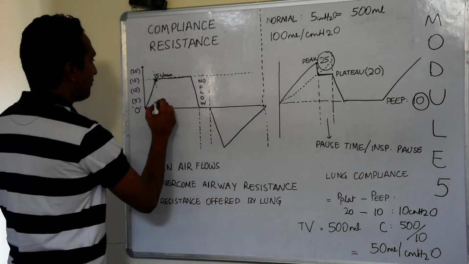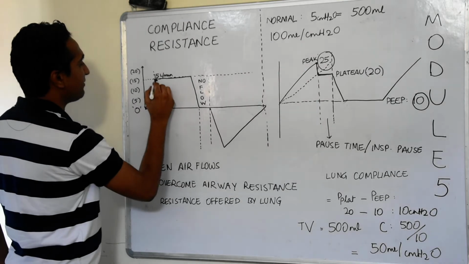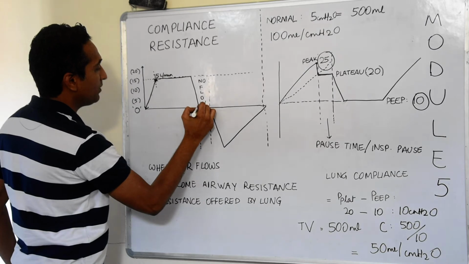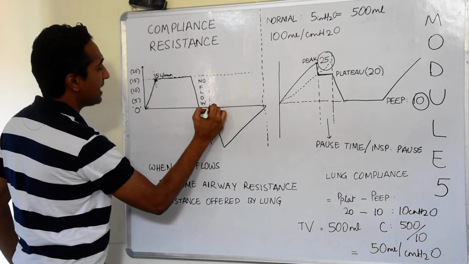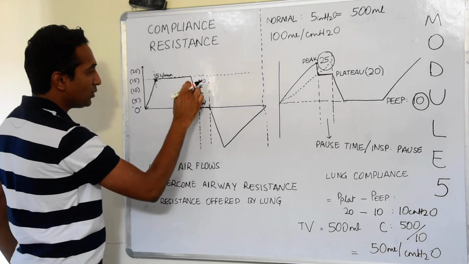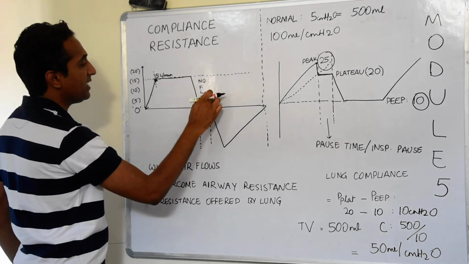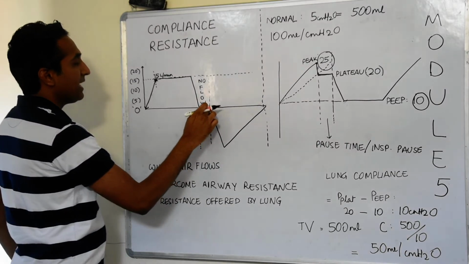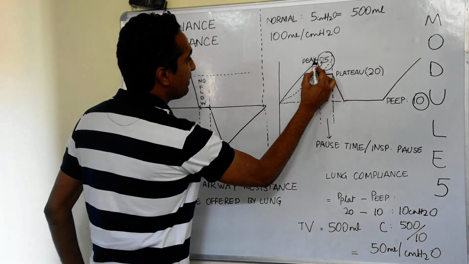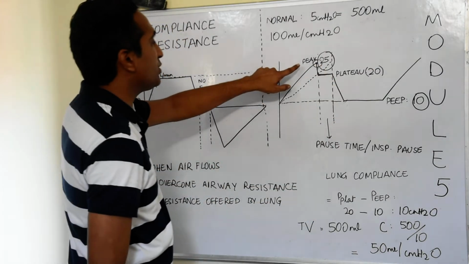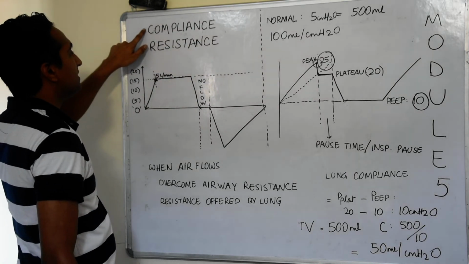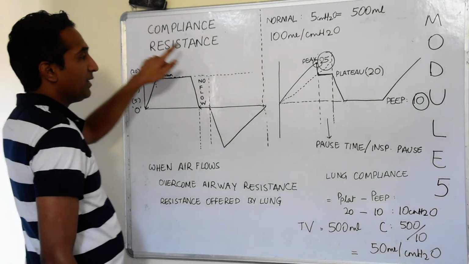If we look at the flow graph, the flow reaches a peak, remains constant, drops down, and there is a zone of no flow where the inspiration has come to an end but the expiration has still not started. Now, the peak pressure is produced both by the resistance offered by the airways as well as the compliance of the lung.